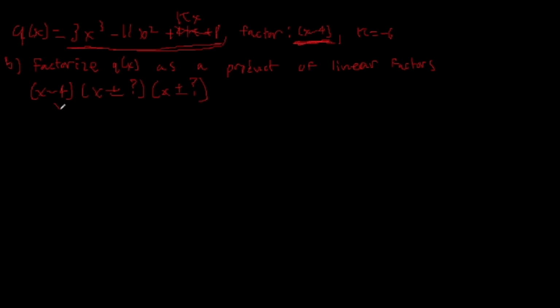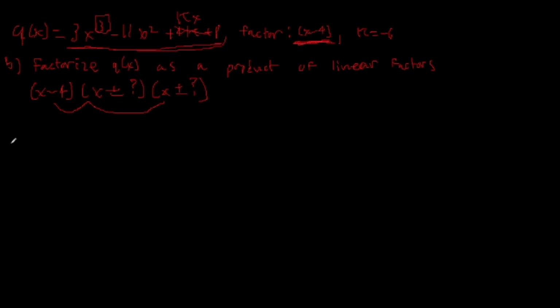We know though that this will happen 3 times because of the 3, which is the greatest power of x that we have. It's the greatest exponent, so we know that we have to have 3 parentheses.